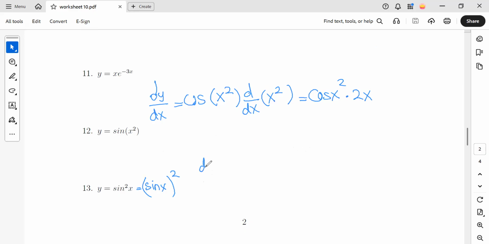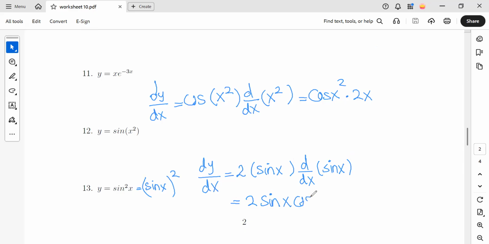So we would have dy/dx equals, since it is a power function, we bring the power down, and sine of x to the power 1 less, which is 1, and the derivative of the inside, which is sine of x. Now we know that the derivative of sine is cosine, so it will be 2 times sine of x cosine of x, and we can rewrite it as sine of 2x.